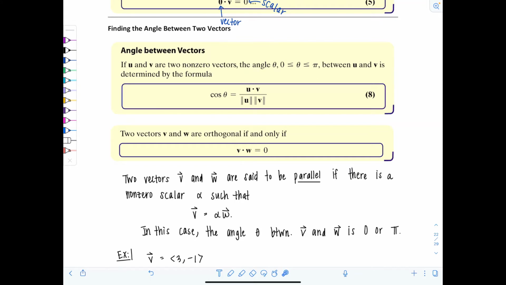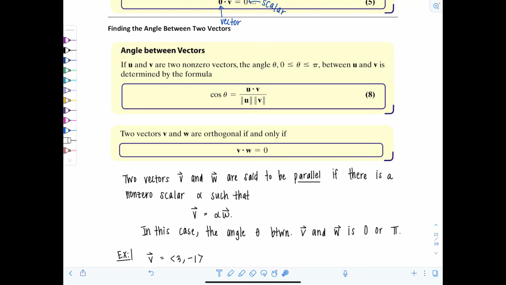Good. We will be using this formula quite frequently to figure out the angle between two vectors. And let's introduce some new terminology. We say two vectors V and W are orthogonal if and only if V dotted with W equals 0. If the dot product between two vectors is 0, that means cosine of theta would also equal 0.